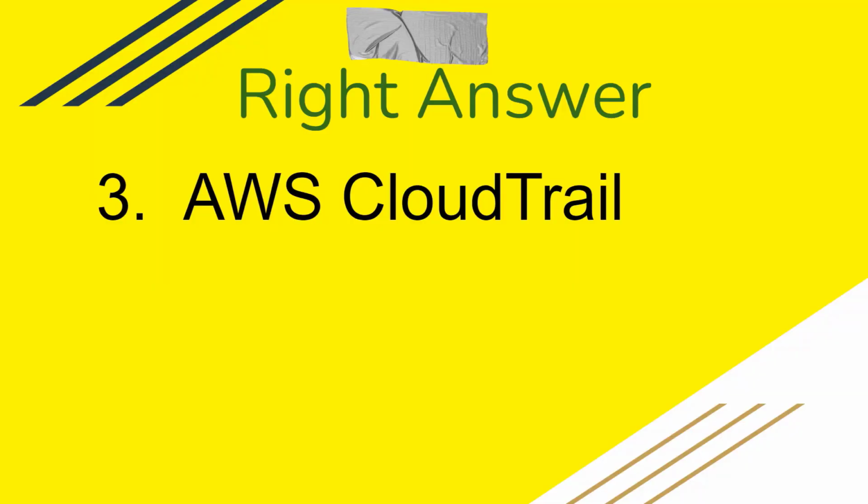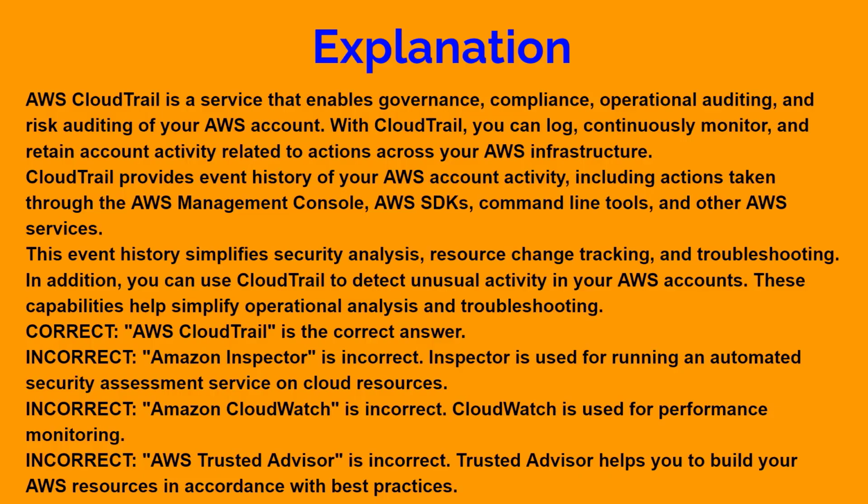AWS CloudTrail. Explanation. AWS CloudTrail is a service that enables governance, compliance, operational auditing, and risk auditing of your AWS account. With CloudTrail, you can log, continuously monitor, and retain account activity related to actions across your AWS infrastructure.